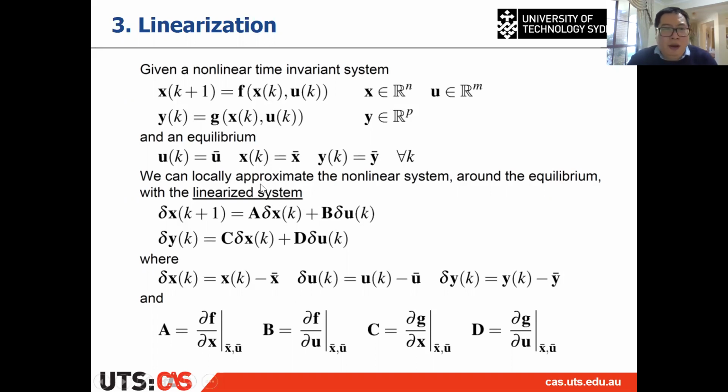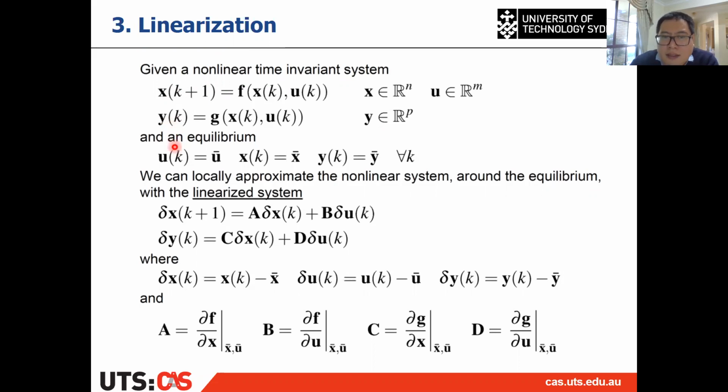Suppose we have the nonlinear discrete time system xk plus 1 is equal to f(x,u) and y is equal to g(x,u).